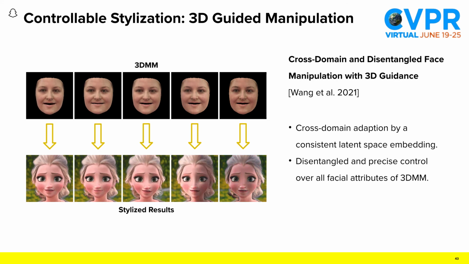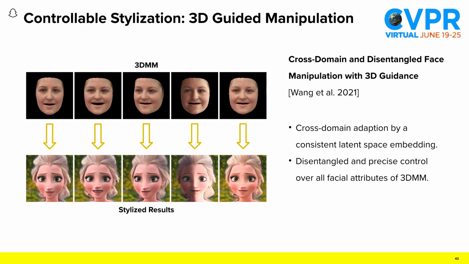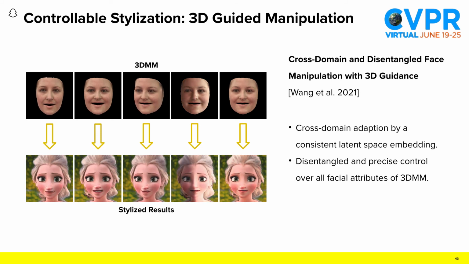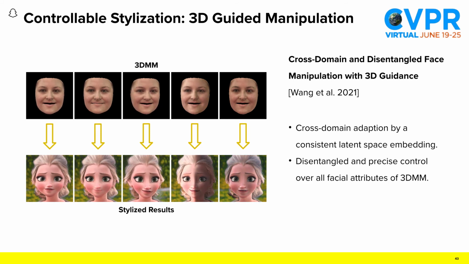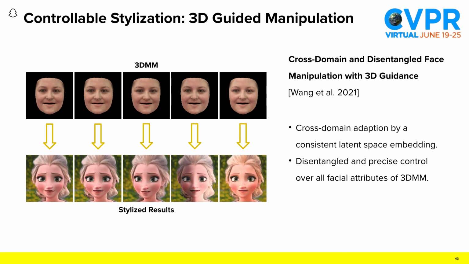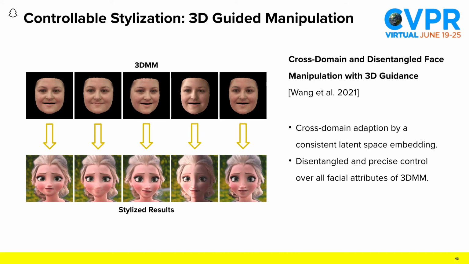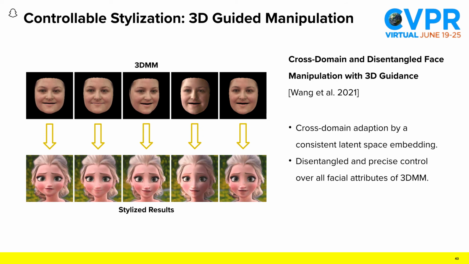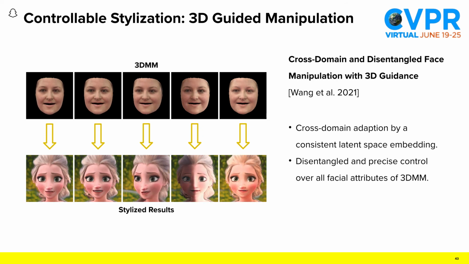With our disentangled latent to 3DMM parameter mapping, this method enables disentangled and precise control over all 3DMM attributes, including shape, expression, pose, lighting, and albedo. Because 3DMM is usually built on real human faces, we also propose a cross-domain latent matching approach that could manipulate stylized faces with real human-based 3DMM.